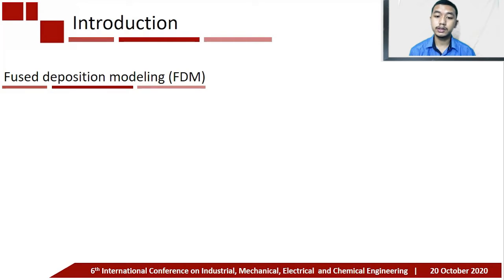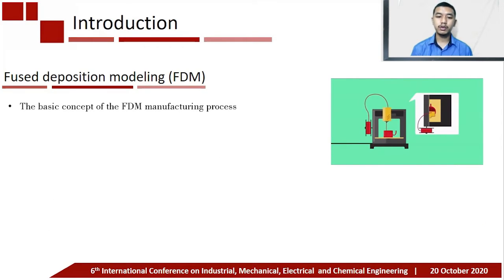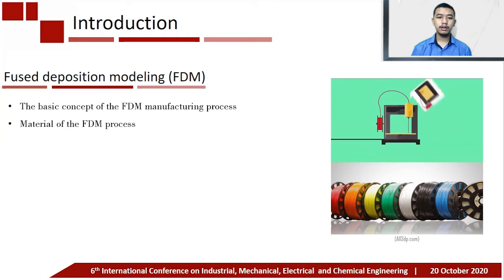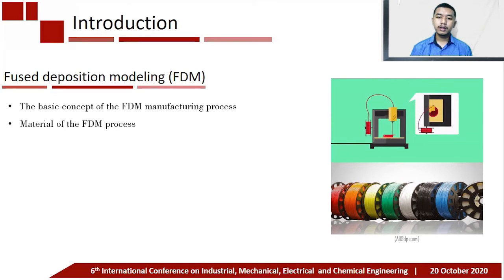Next, the basic concept of the FDM manufacturing process is simply melting the raw material and forming it to build a new shape. Material for the FDM process is in the form of a filament placed in a roll, pushed by a drive wheel, and then put into the temperature-controlled nozzle head and heated to semi-liquid.